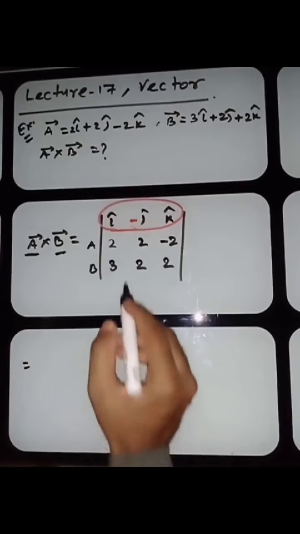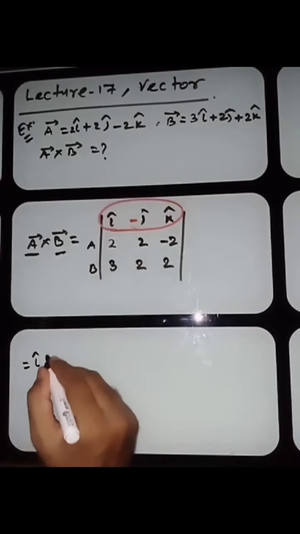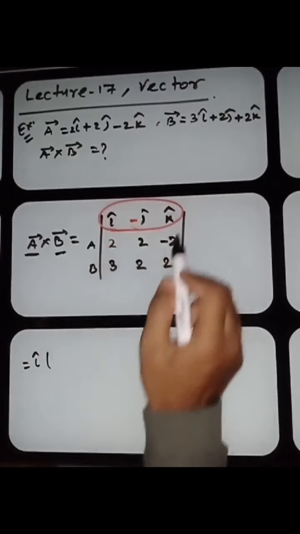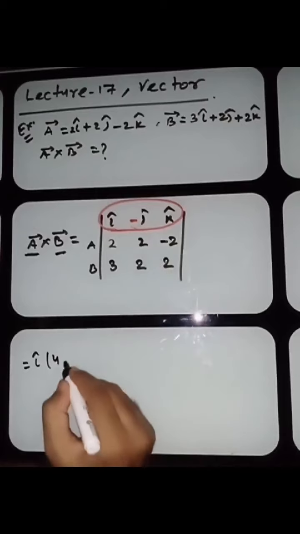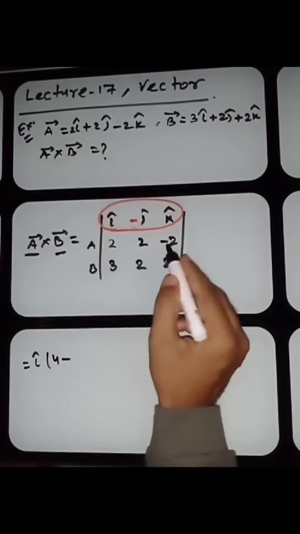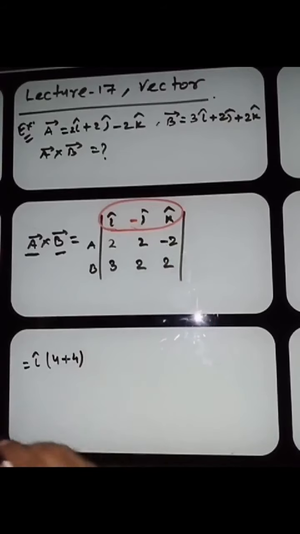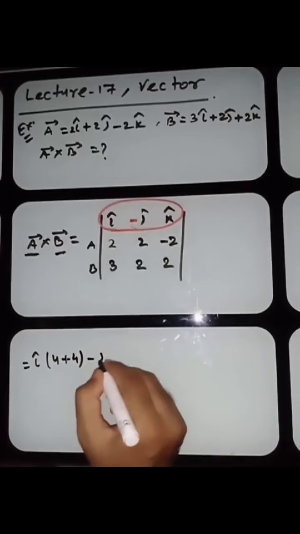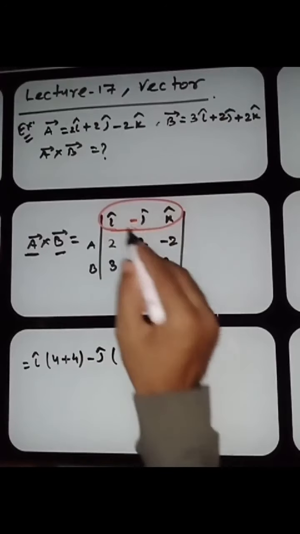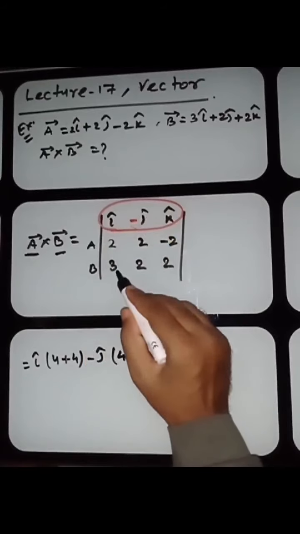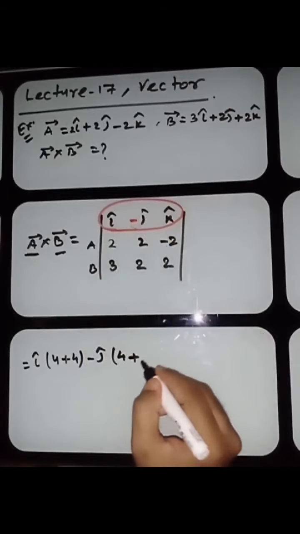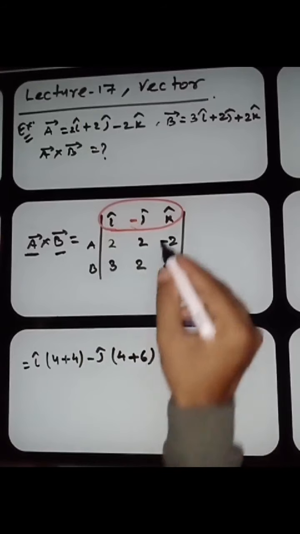Be careful here. Split out i. It is 4. Directly I'm writing 4, because minus minus plus will be 4. Now minus j. This will be split: 2 2s are 4, minus 3 2s are 6, and minus minus plus. Now plus k.